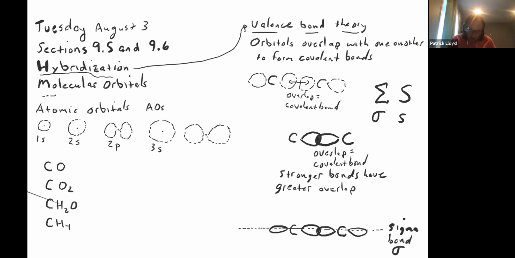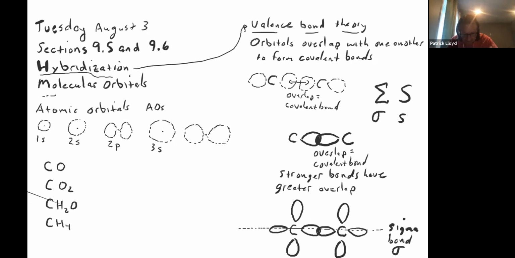Now, there's another type of bond where the orbitals are parallel to each other, but they're not pointing toward each other. This is interesting. I'm just drawing another p orbital, just like I drew before, but now this p orbital is up and down, vertical.